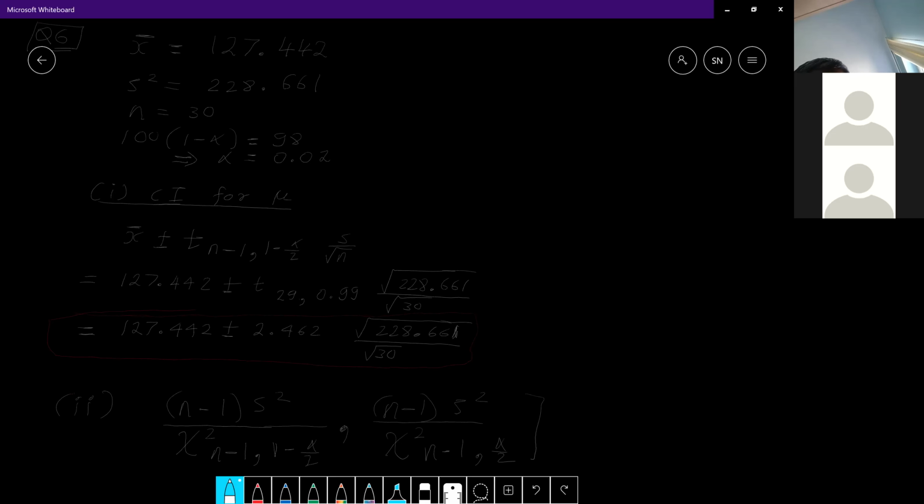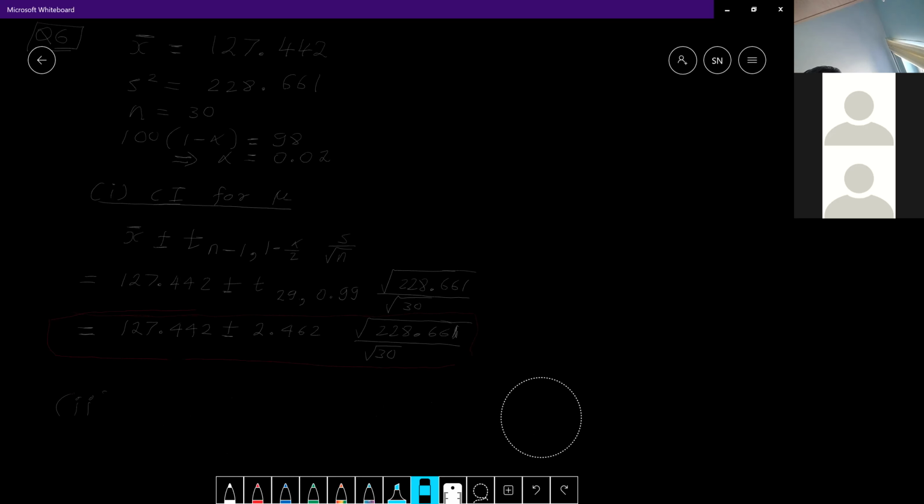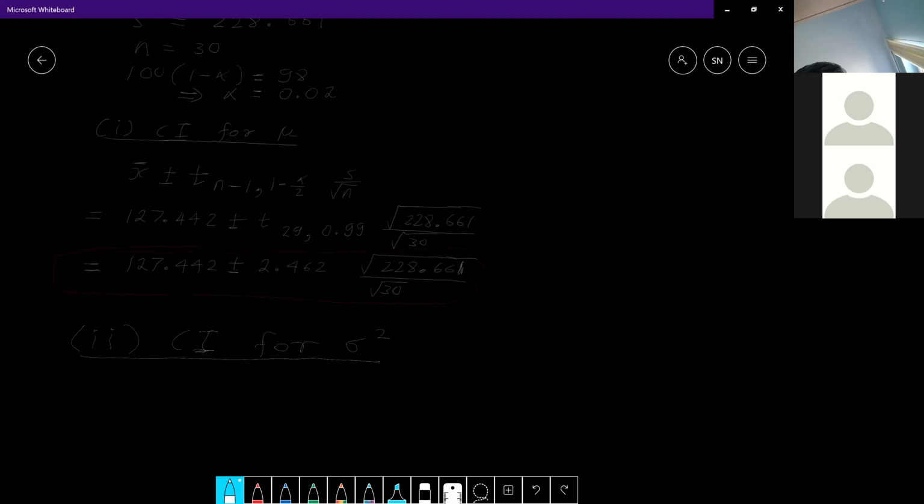Before I write this, let me put a heading: this is the confidence interval for sigma squared. If you look back in the notes I gave you, this is the formula I gave you, if you remember.